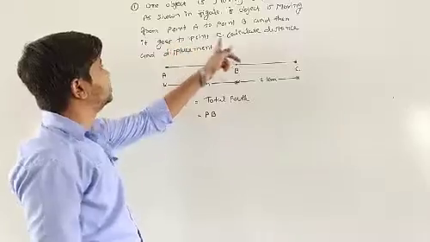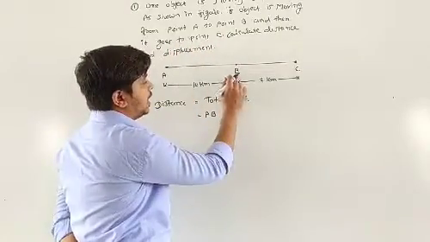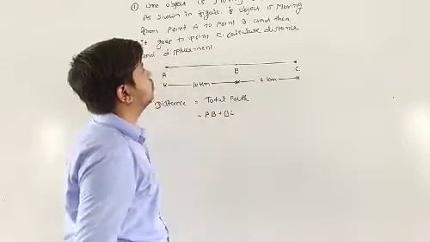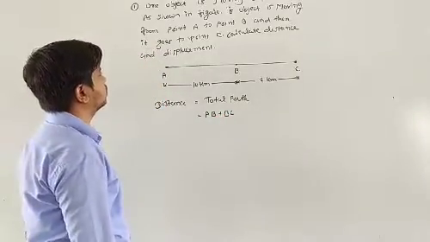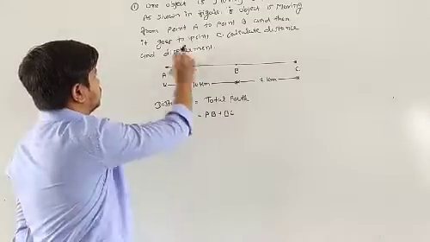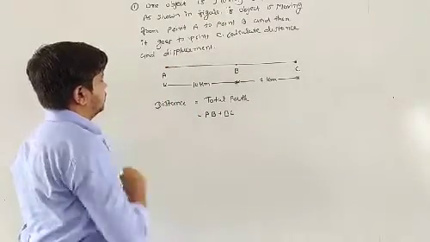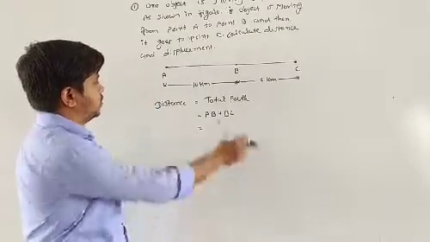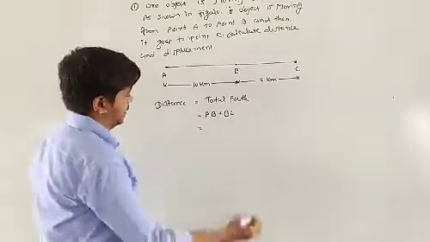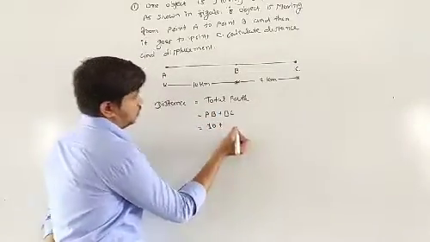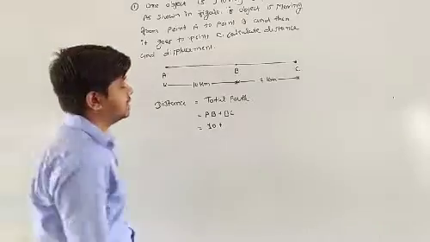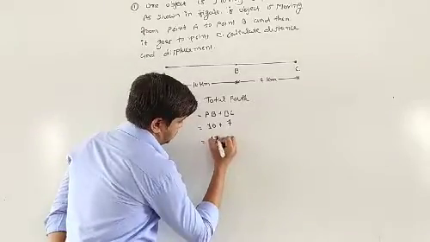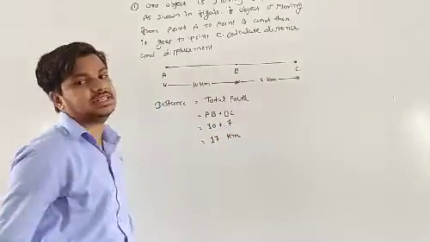Then it goes to C, so B to C. The distance between A and B is 10, while between B and C it's 7. So what is the total distance? It's 17 kilometers.